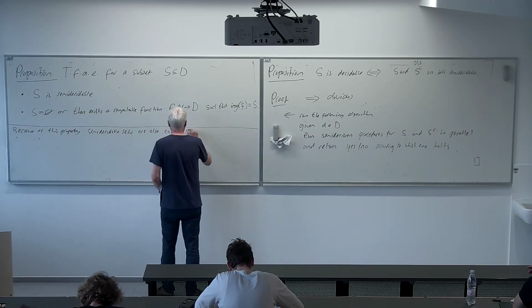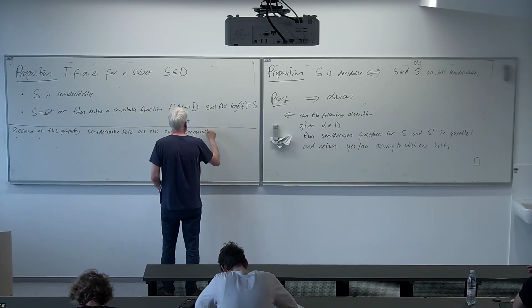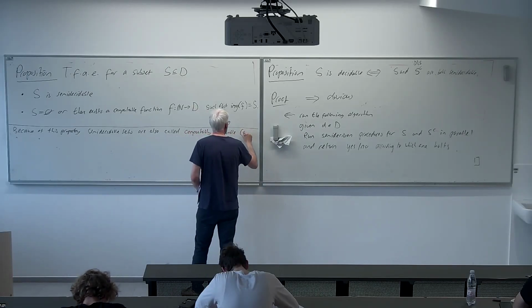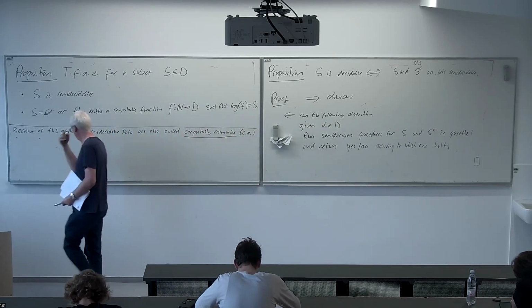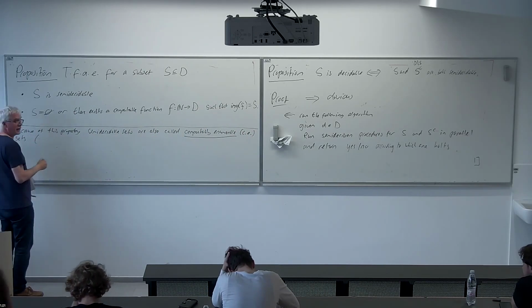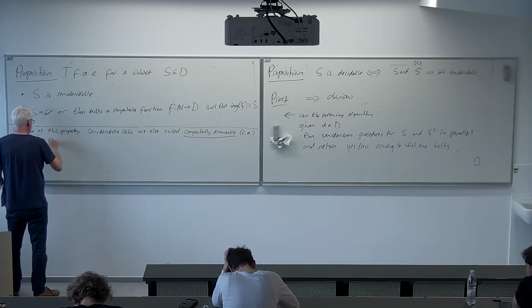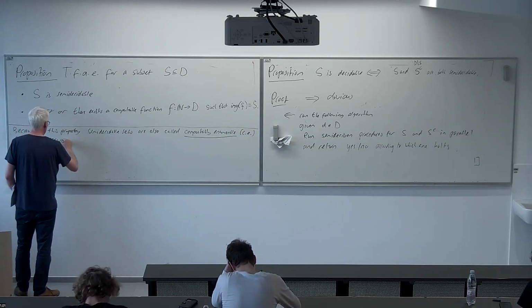Computably enumerable sets are often abbreviated as C.E. And the old-fashioned word for this used to be recursively enumerable, and people used to say R.E. instead.